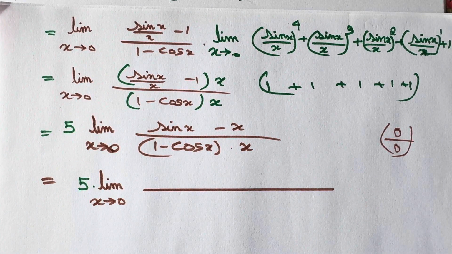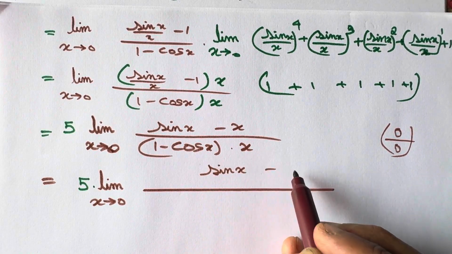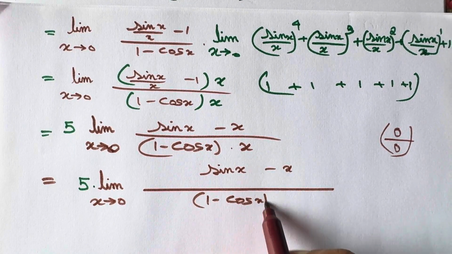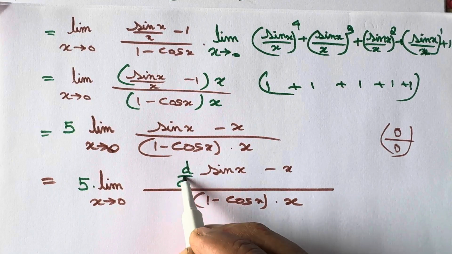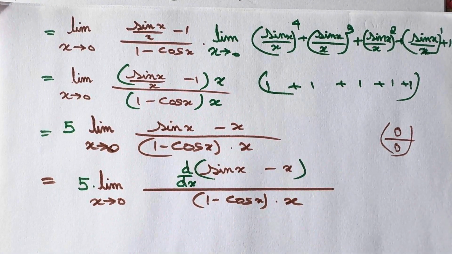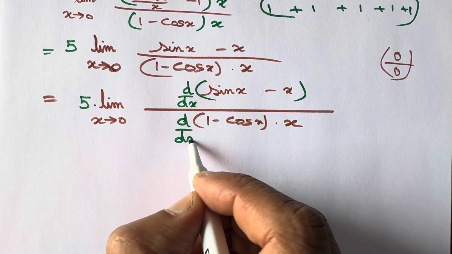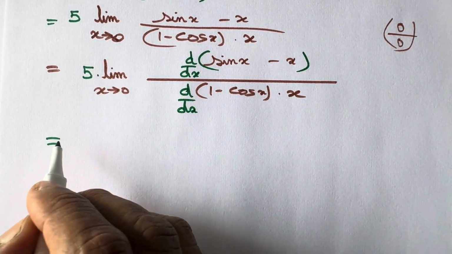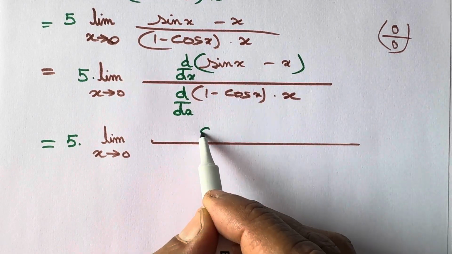In applying L'Hopital rule, we simply differentiate the numerator, which is sin x minus x, and differentiate the denominator, and then compute the limit. If you are able to compute the limit, then you are done. Derivative of sin x with respect to x is just cos x.